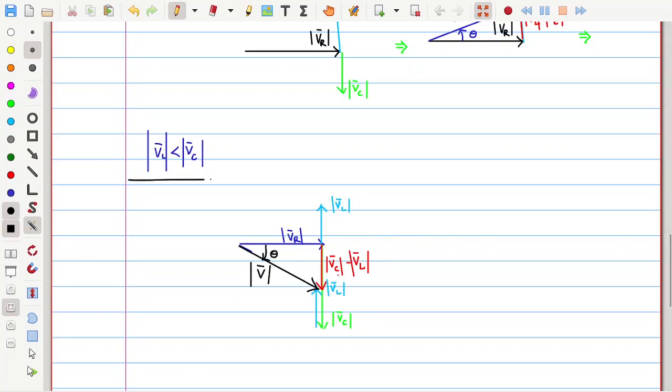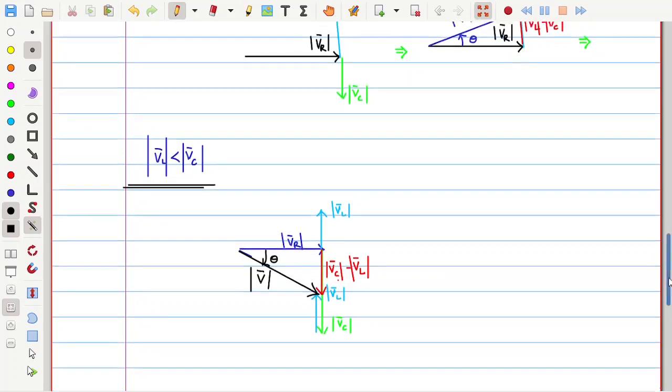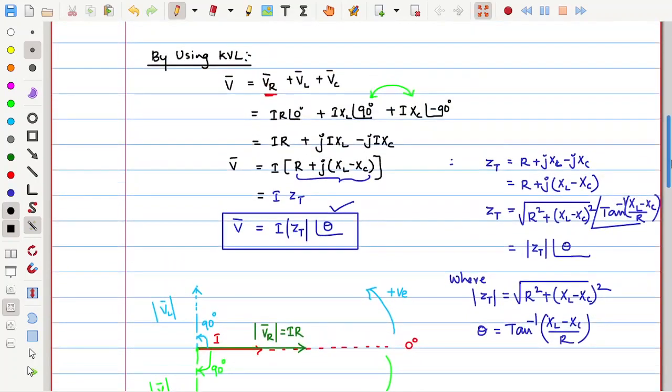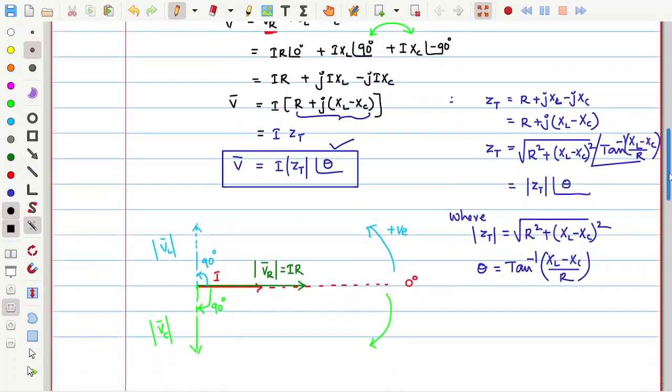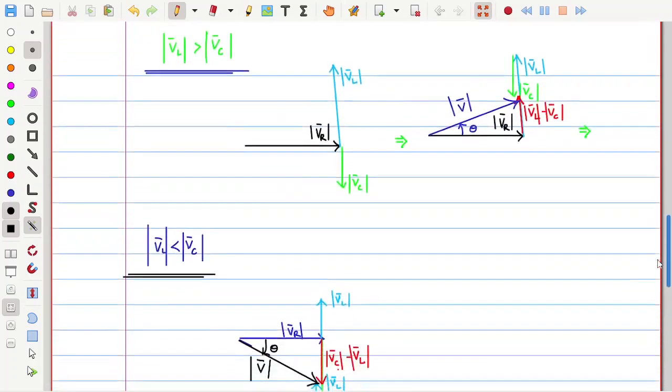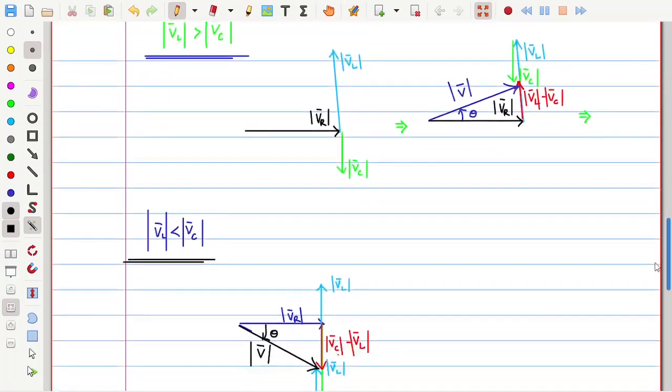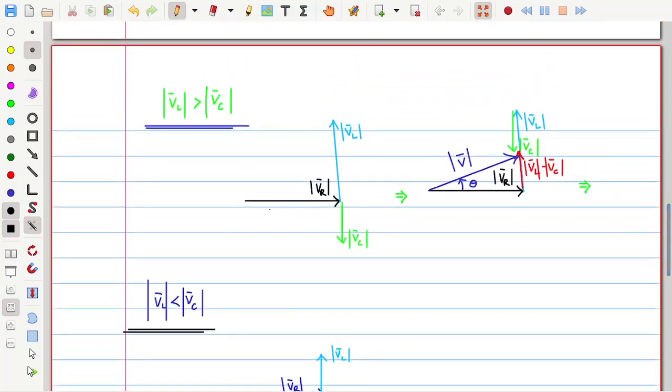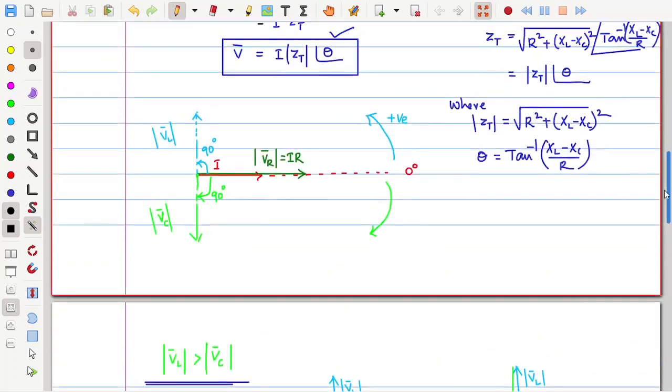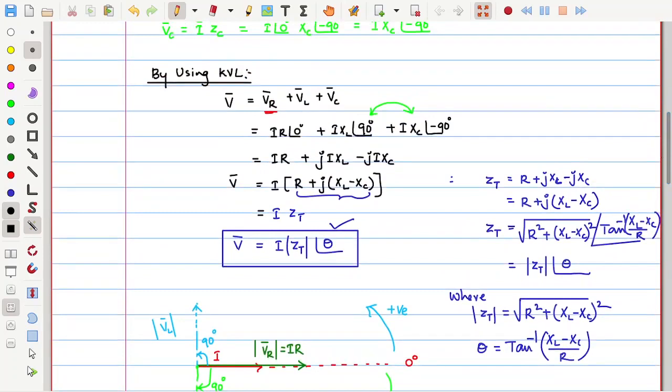This is for the case VC is more than VL. Like this we can take up different cases. So this is one of the important concepts, the phasor diagram of RLC circuit for these two cases. How I drew all these things is based on these expressions only. See that VR is at 0 angle, VL is 90 degrees, VC is minus 90, and so on.